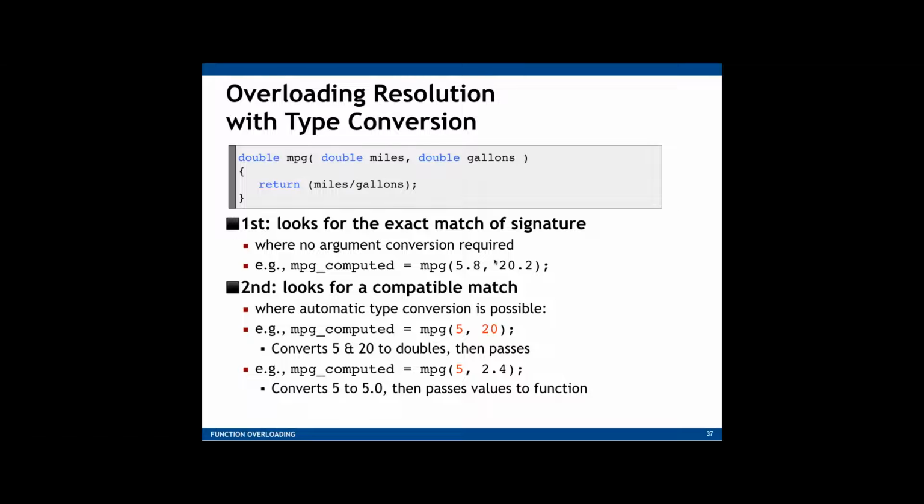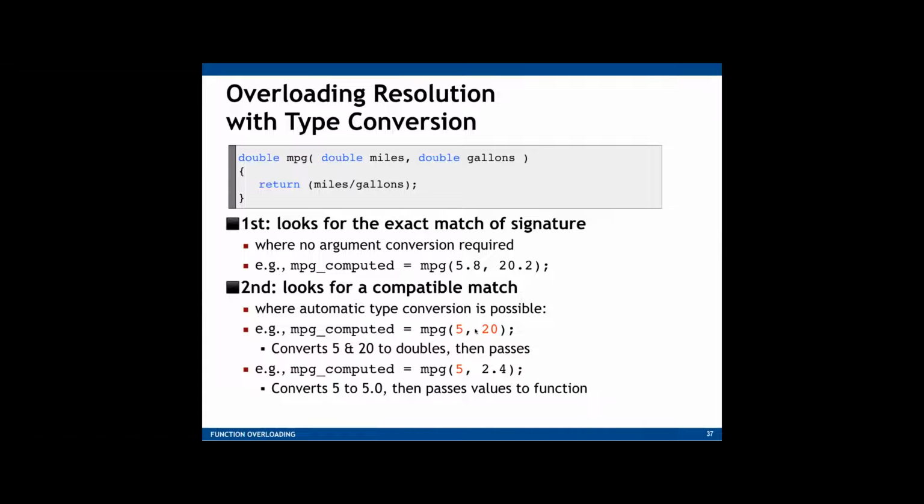If the compiler cannot find an exact match of signatures, for example in this case, here we are making a function call, the function name is MPG, but we are passing two arguments of type int. But as you can see here, this function receives double type parameters.